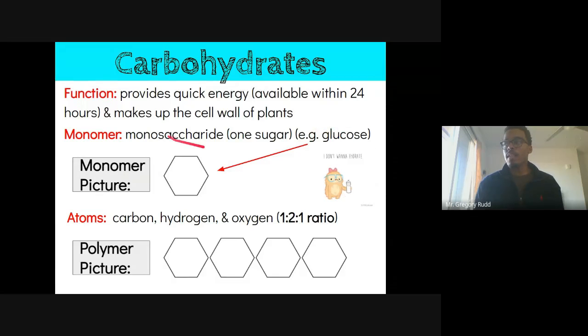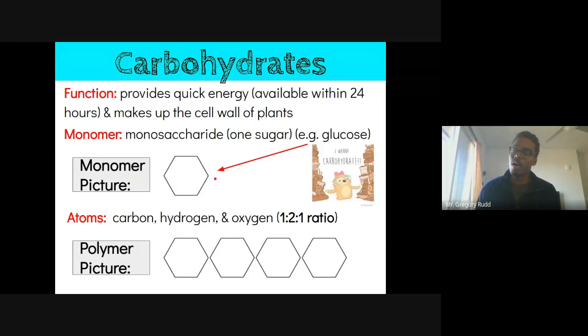Another word for monosaccharide is glucose as well. So you'll hear me refer to it as glucose. But here's a picture. It's a hexagon, so a six-sided figure. And on each corner of this is a carbon atom. It's called glucose.